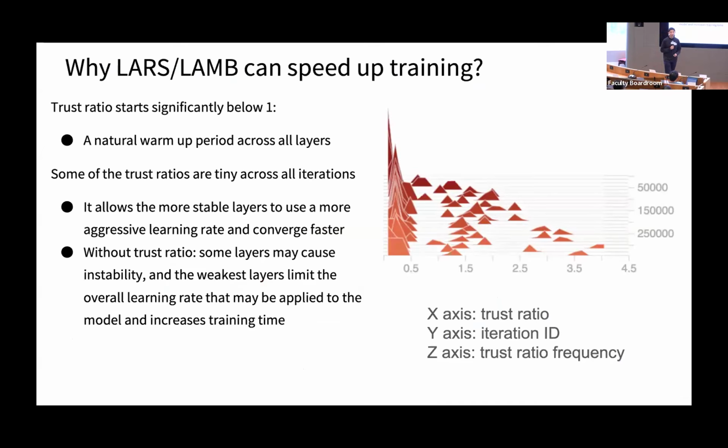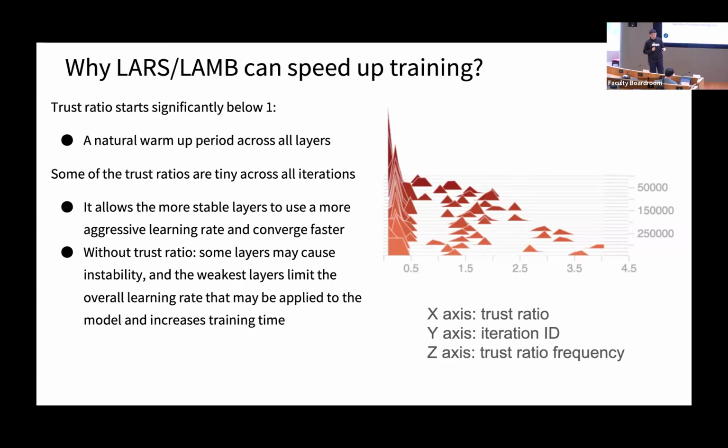So why does this work? I think there are several reasons. The first reason, let me show you a figure. This is a 3D figure. The first dimension, the horizontal dimension, is the value of the trust ratio.